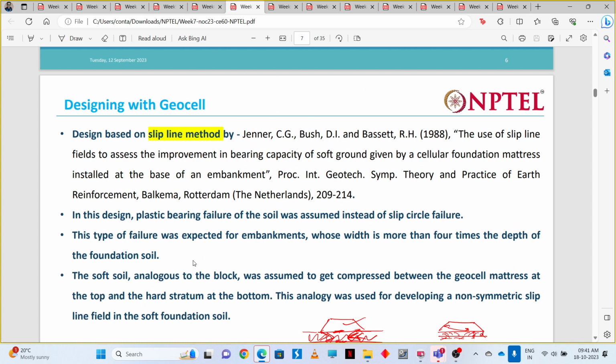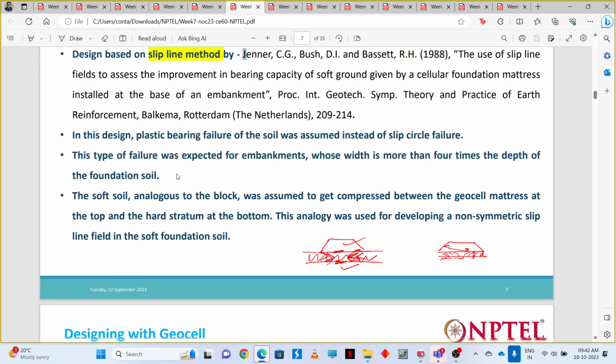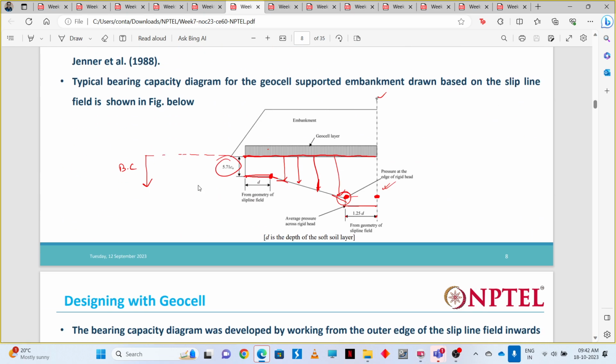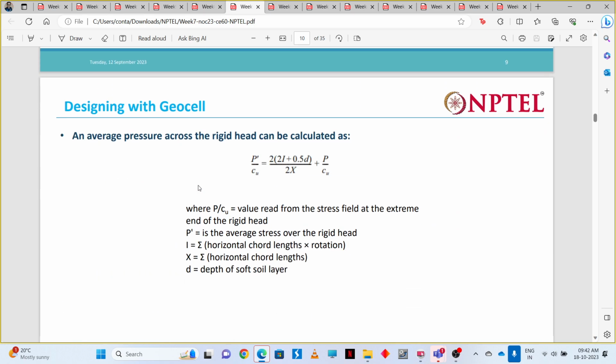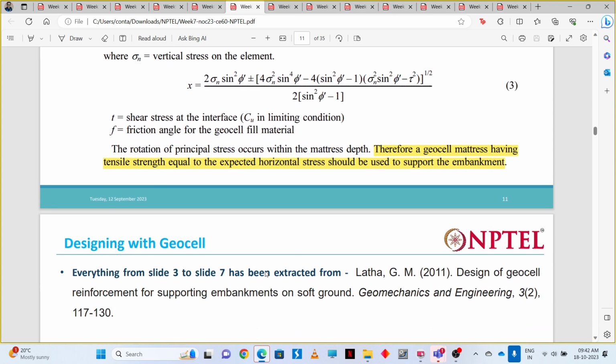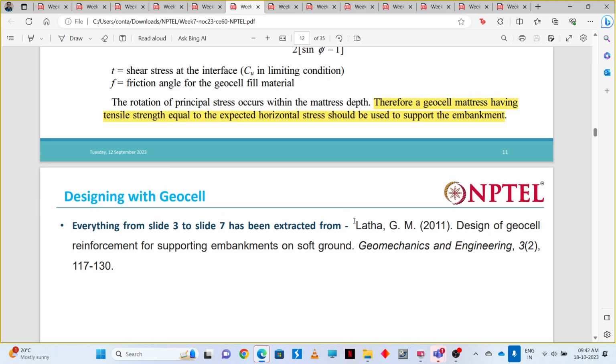There are many design principles that we can use to design with geocell. One of them is the slip line method that was given by Jenner, Bush and Bassett. We discussed how to calculate everything from the slip line method. I suggested that you read this research paper where everything is summarized very nicely.